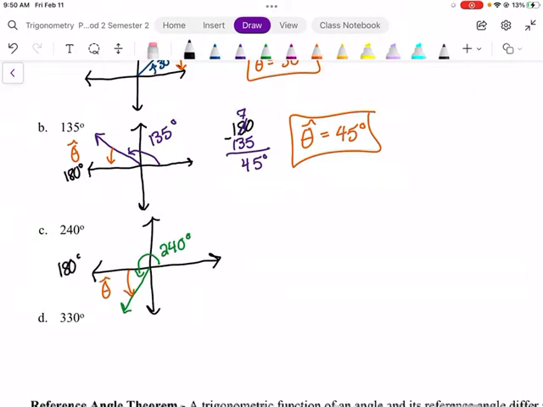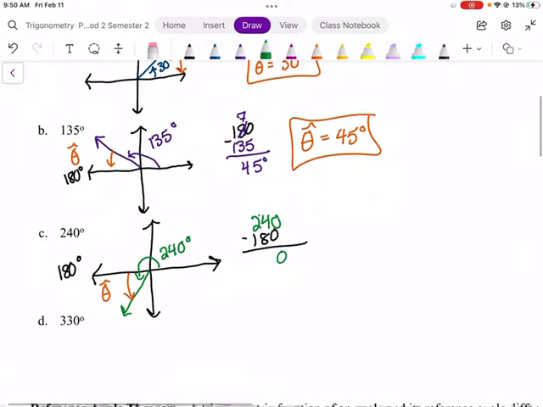So for this one, we know all the way to the end of the second quadrant is 180 degrees, and we need to figure out that reference angle. So this time we're going to start with our original angle, and then we're going to subtract 180 to figure out that difference, which will give us that reference angle. So this would end up being 60 degrees.